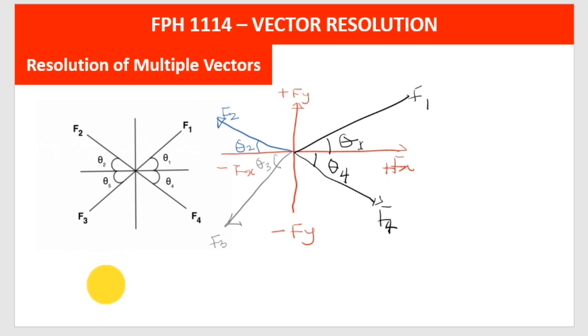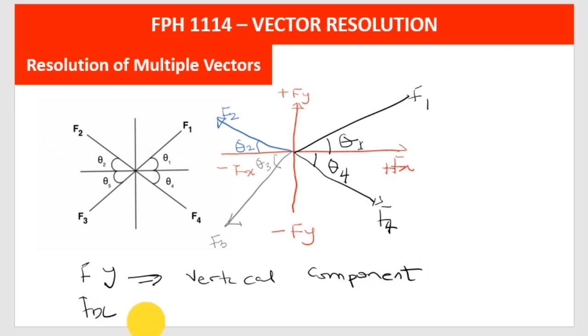Note that Fy represents vertical components, then Fx represents horizontal components. So we'll start by resolving all these vectors first of all to the vertical component.